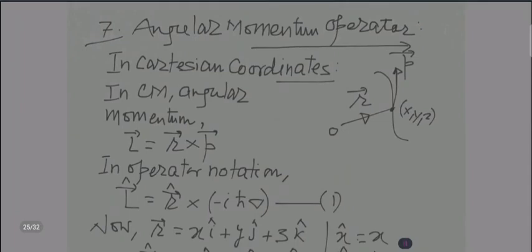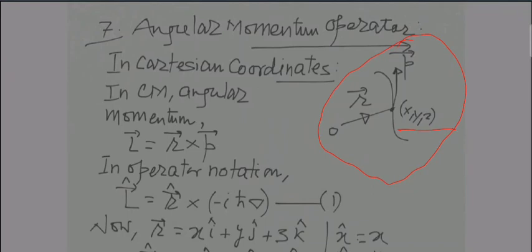Now, angular momentum operator in Cartesian coordinates. You can clearly see that this is the path along which your particle is moving, and it will have some xyz coordinates. The classical definition of angular momentum looks something like this, as shown in the figure.